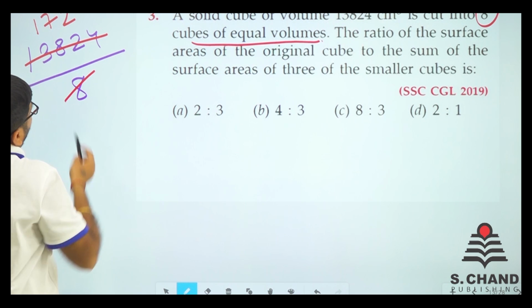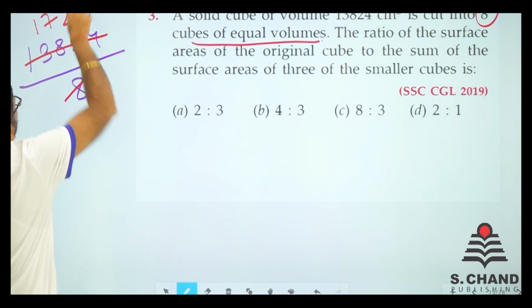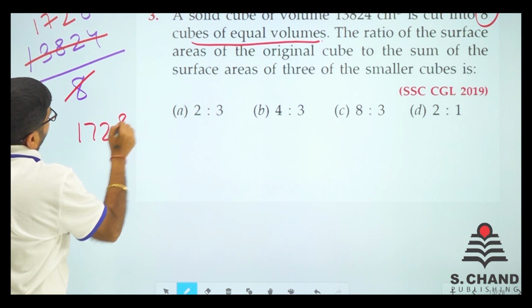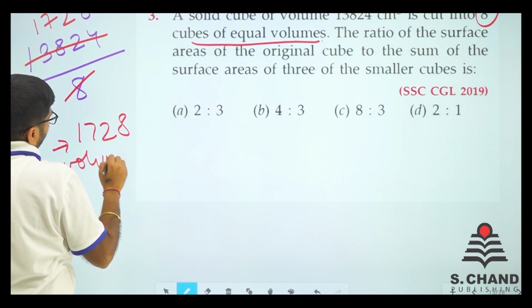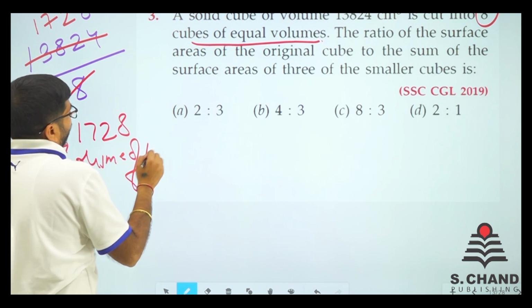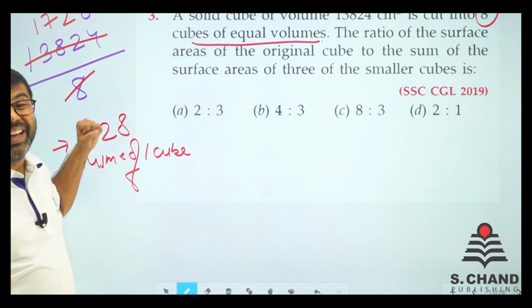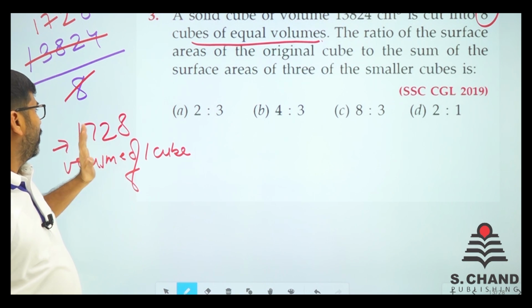So we are left again with 6. 8 eights are 64. So we have 1728. 1728 is the volume of 1 cube, because we have total 8 cubes of same volume. So 1 cube volume is this.